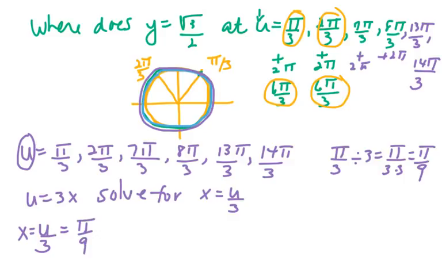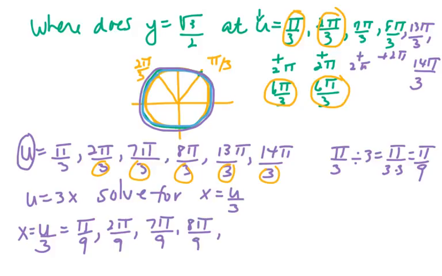And in fact, you're going to divide each and every one of these by 3. So your second solution would be 2 pi over 9, your third, 7 pi over 9, your fourth would be 8 pi over 9, and finish it out, 13 pi over 9 and 14 pi over 9. And those are your solutions on the range from x equals 0 to 2 pi for this trigonometric equation.